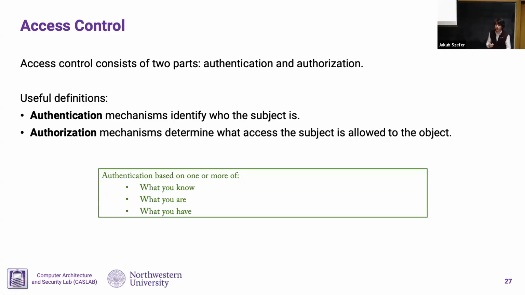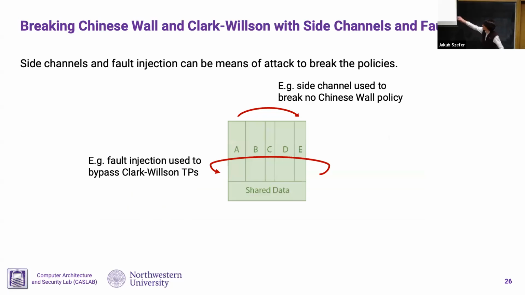Like a password, what you know. What you are, your fingerprint or your iris. Or what you have, maybe a USB key token. To authenticate somebody, you can use these kinds of means. Again, if somebody is correctly authenticated and authorized, and they follow the policies, they should not be able to break confidentiality and integrity unless some side channel or fault injection is used to bypass.